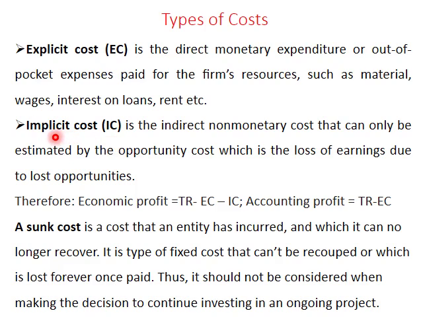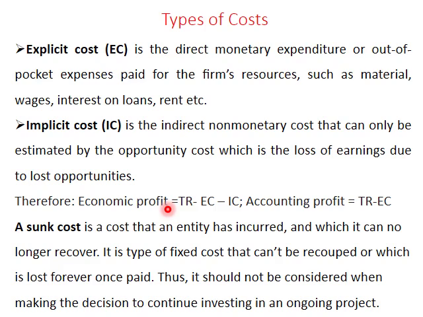Mainly, economists consider implicit costs, whereas accountants consider only explicit costs, that is, monetary payment, which is revealed or registered on the receipt.